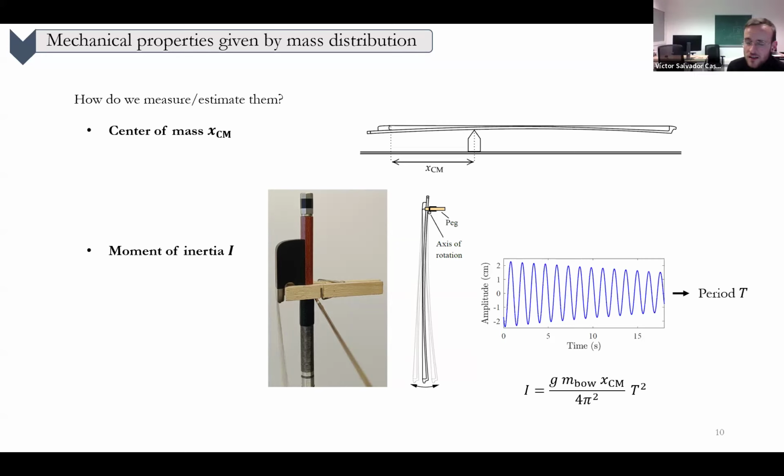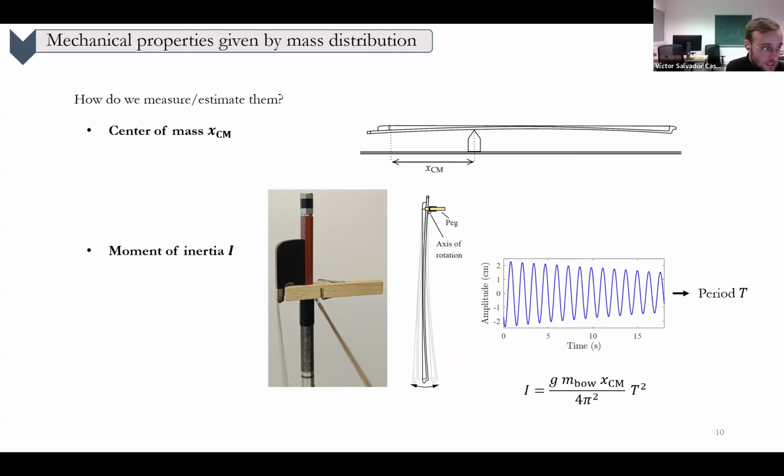What it changes is the damping, because when your hair is not under tension, there is more surface of the hairs that reduces the amplitude of the oscillation, but it does not affect significantly the frequency of the movement. And we performed different tests, and the difference between the bow under tension or without tension is not very high.